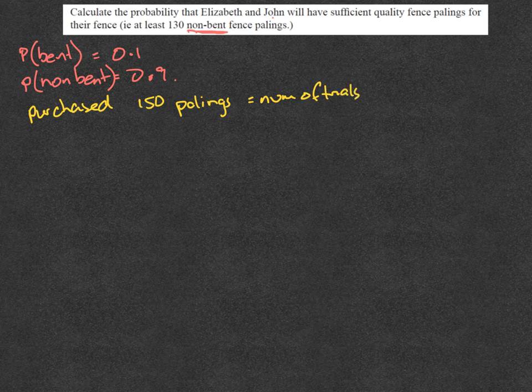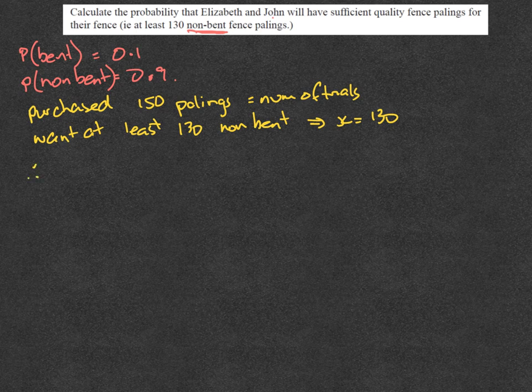Okay, and then our x value, since they want at least 130 non-bent, our x is equal to 130. So we go on to the graphics calculator and go to your binomial screen and fill in all the above data, and it should look like what I put up on screen now.